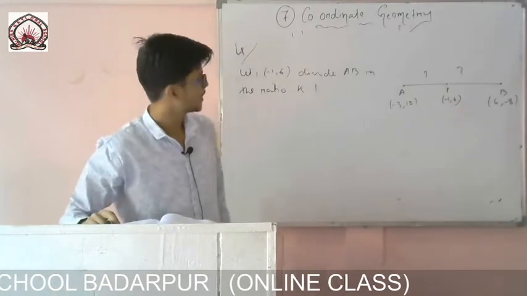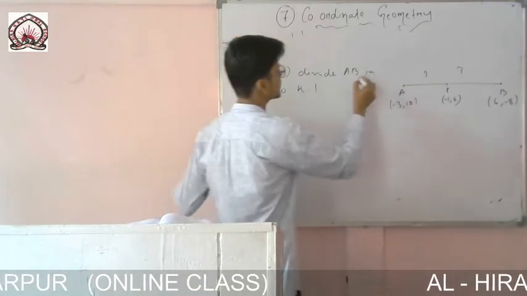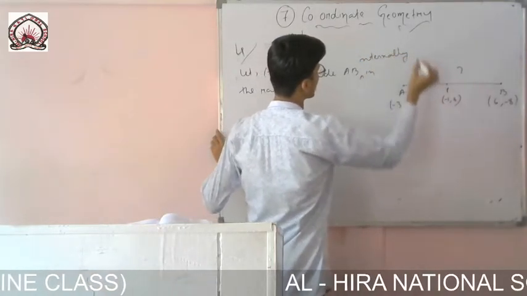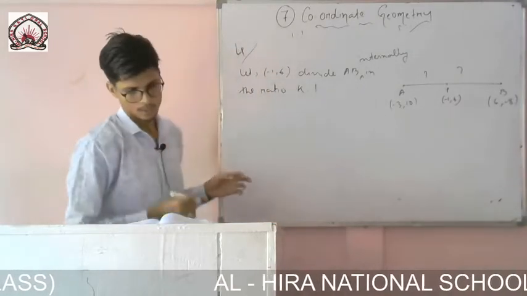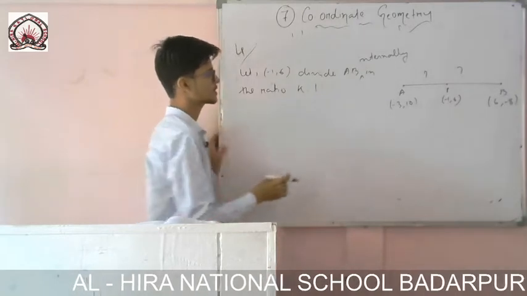Let minus 1 comma 6 divide AB internally in the ratio k is to 1. So now we will use the section formula. So this is the point.